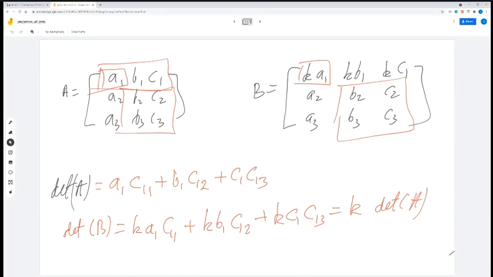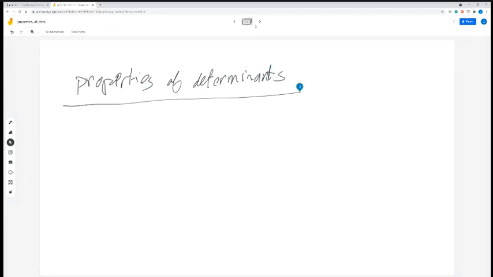So I will just try to summarize them, let's say here on this frame. Properties of determinants. If we take A to be a matrix, so let A be a square matrix, otherwise we cannot define the determinant.